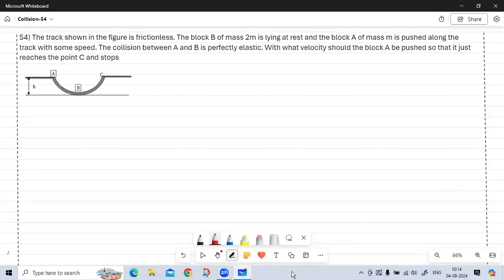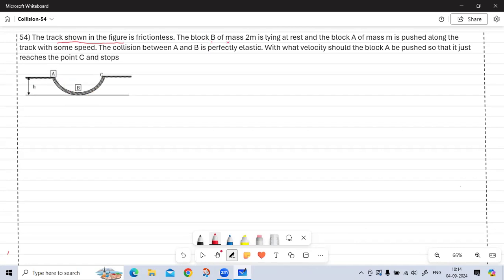So now take problem 54 of your textbook. It says that a track is shown in the figure. This is the horizontal track, but there is a trough in between.